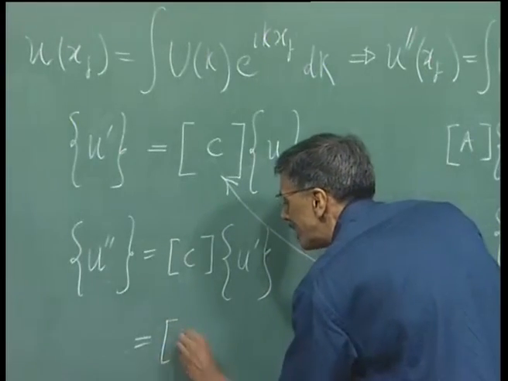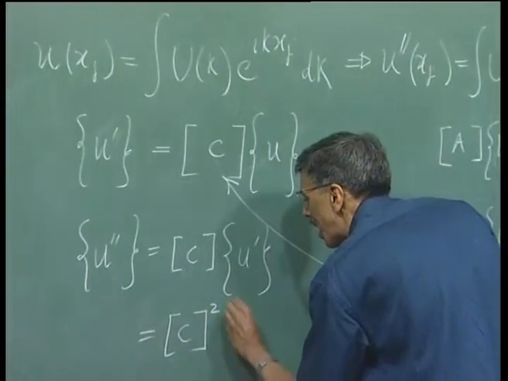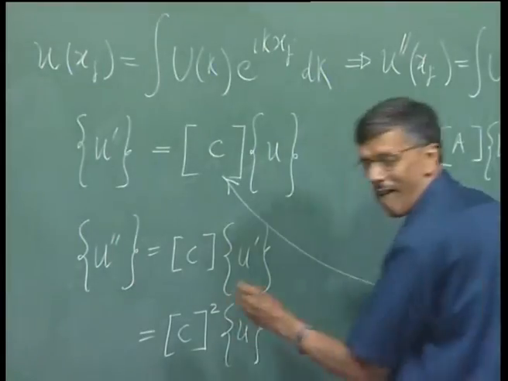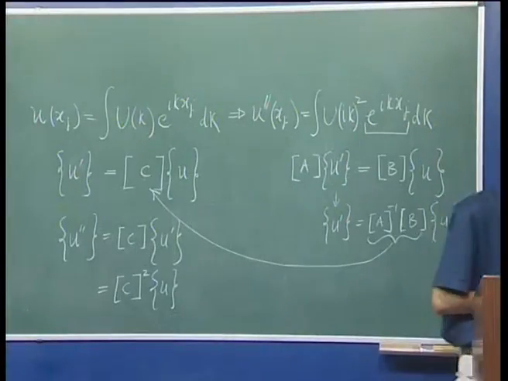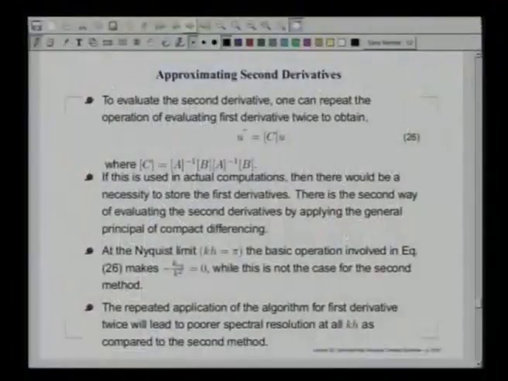So, I could write it as C square. That is what we have said here in equation 22, that I will choose C as A inverse B multiplied twice. So, it is like C square, right. So, that is what we could do.